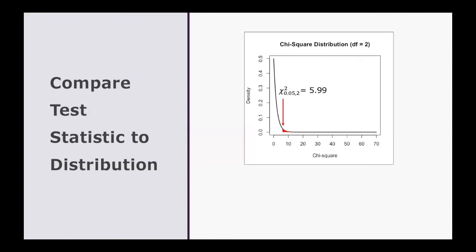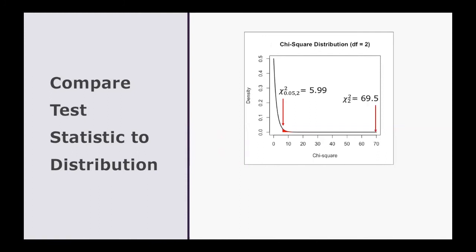So here I've drawn a chi-squared distribution with 2 degrees of freedom, where I've indicated the critical value here, and this shaded red area represents 5% of the total area under this curve, or the value of 5.99 has 5% of the distribution that falls to the right of it. So what was our calculated value again?